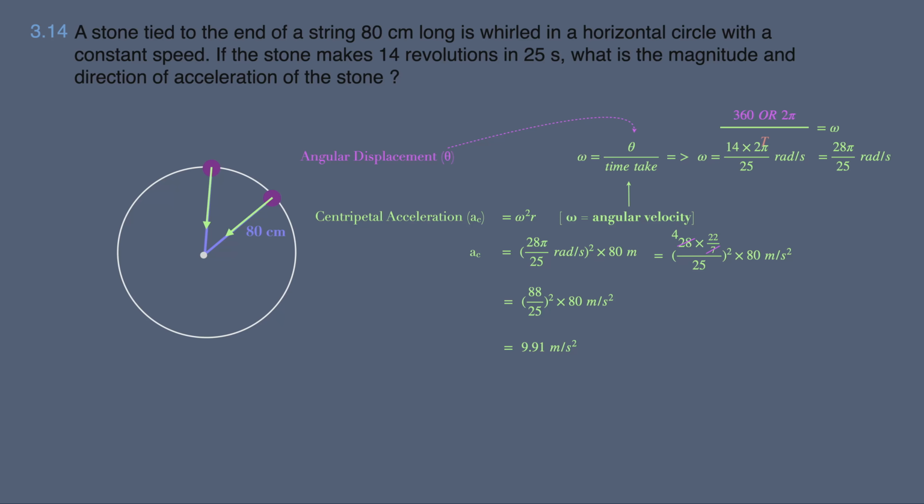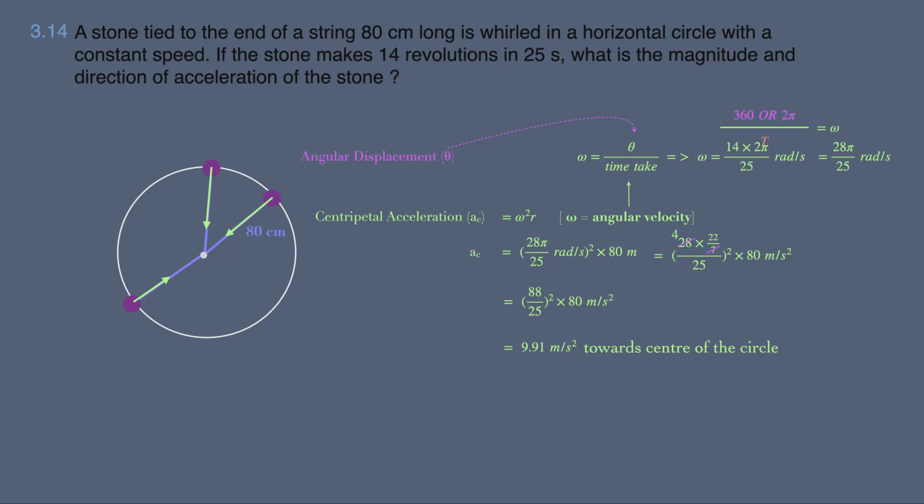At this new position as well, the acceleration is again pointing towards the center. So, although the direction of the acceleration vector keeps changing as the stone moves, it is always directed towards the center of the circle. Therefore, our final answer is the magnitude of acceleration is approximately 9.9 meters per second squared, and its direction is towards the center of the circular path.